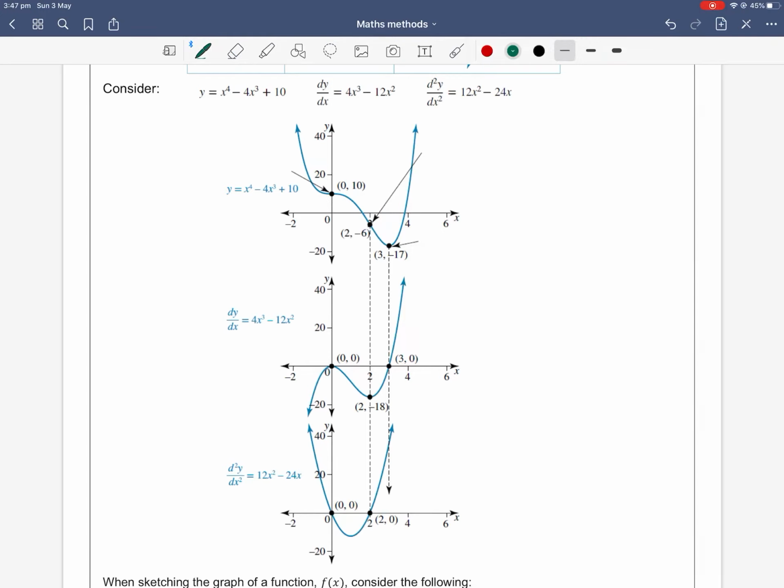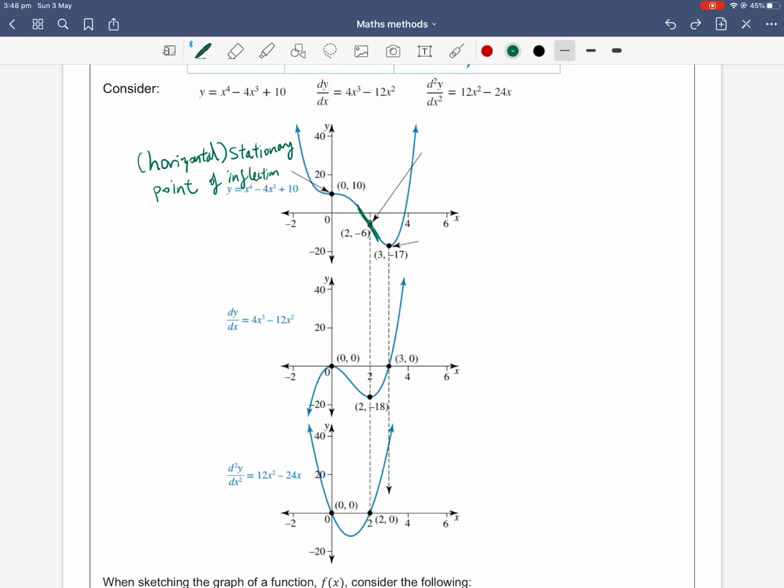So this point here, 0, 10, is a horizontal stationary point of inflection.